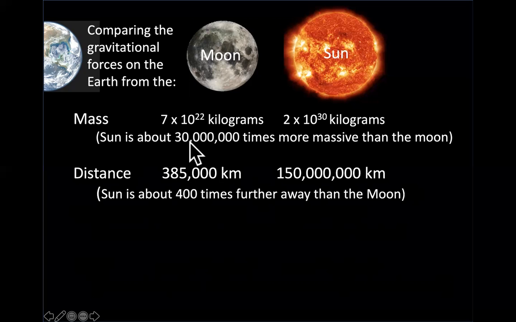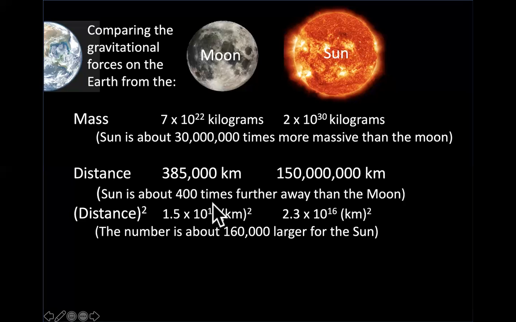That is a smaller factor than what we were considering when we were considering our motion on the surface of the Earth. And so if we take the square, this number for the sun is only 160,000 times larger than this number for the moon.